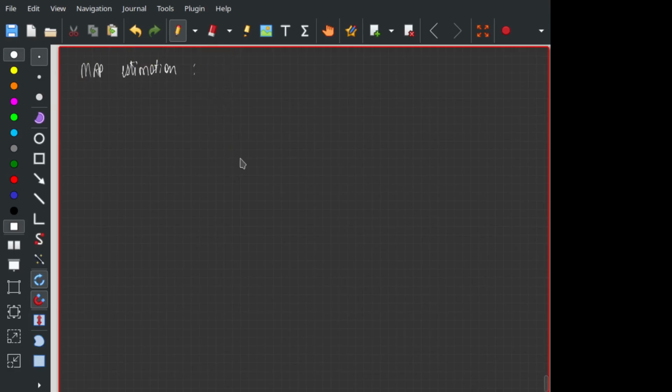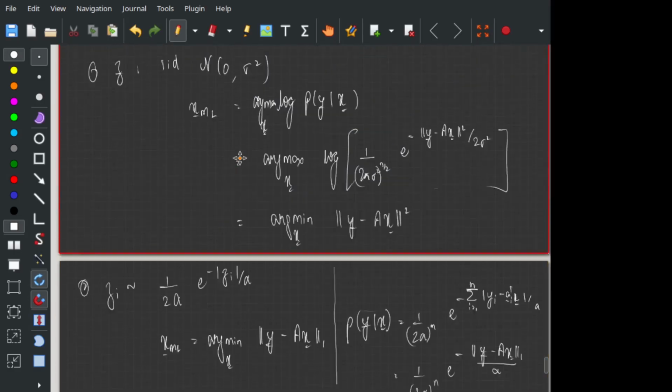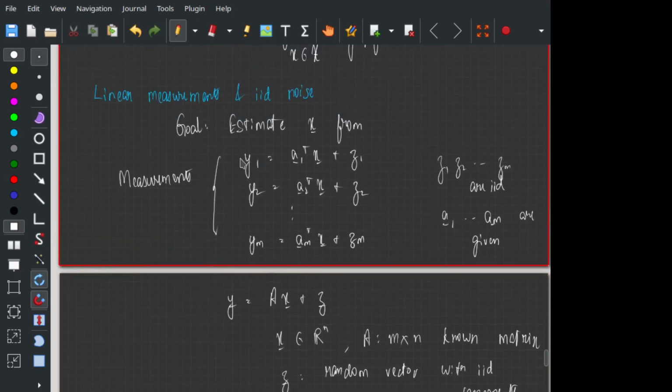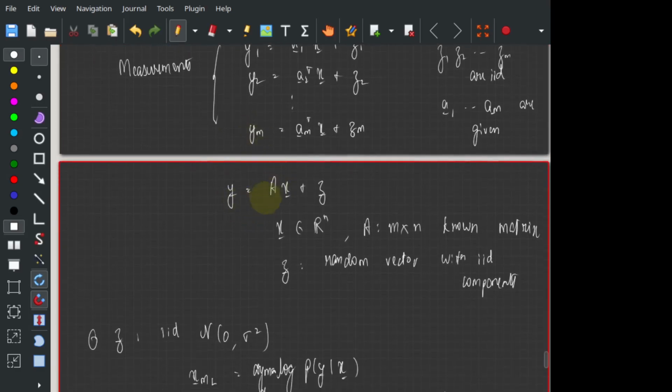For example, in the previous case, let's take the linear measurement with IID noise problem, where we have y equal to a times x plus z, but now we also have this additional information that x is also Gaussian. It's distributed according to a certain mean and a certain covariance matrix.